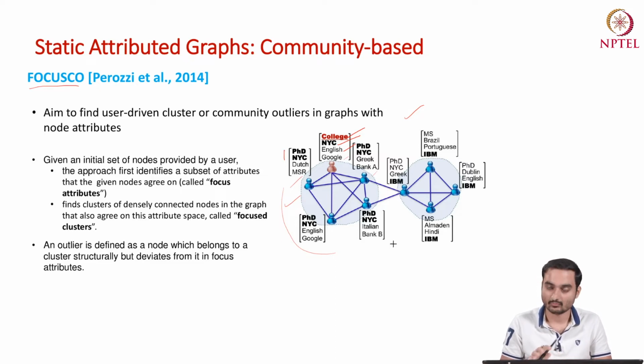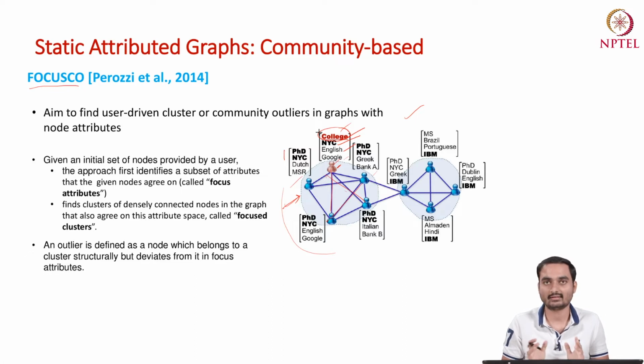Most of the nodes have a PhD degree except this node, this guy has only a college degree. How can I say that this is a community? Look at the structural property, they are highly connected. So, this is a topological community, and they are also attribute wise similar, but this node is an outlier with respect to this attribute.